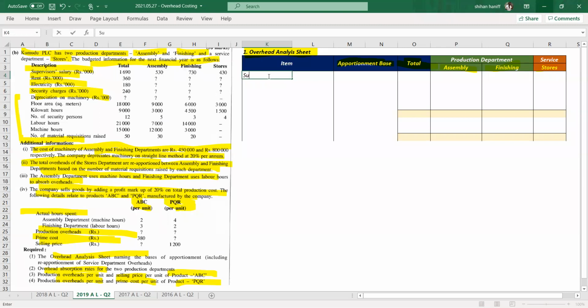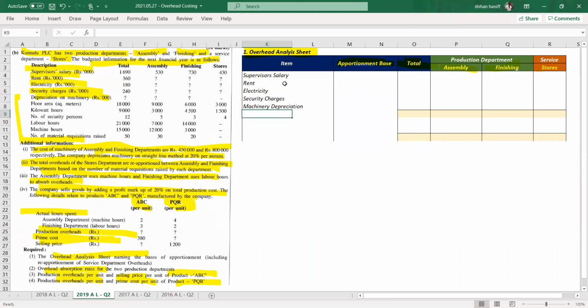There are 5 expenses: supervisor salary, then rent, electricity, security charges, machinery depreciation.